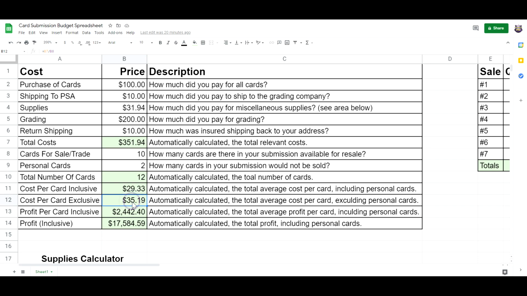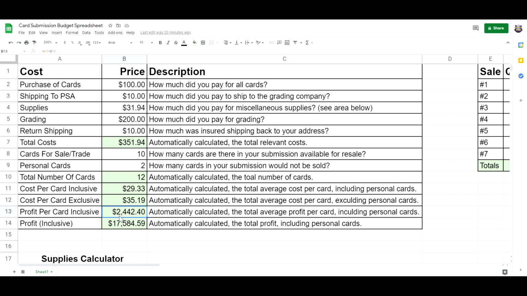So this is a really good number for internal purposes, and the inclusive figure is a little bit more of a more accurate representation of what your investment really looks like. Cost per card inclusive. Profit per card inclusive obviously sounds exactly like what it is.